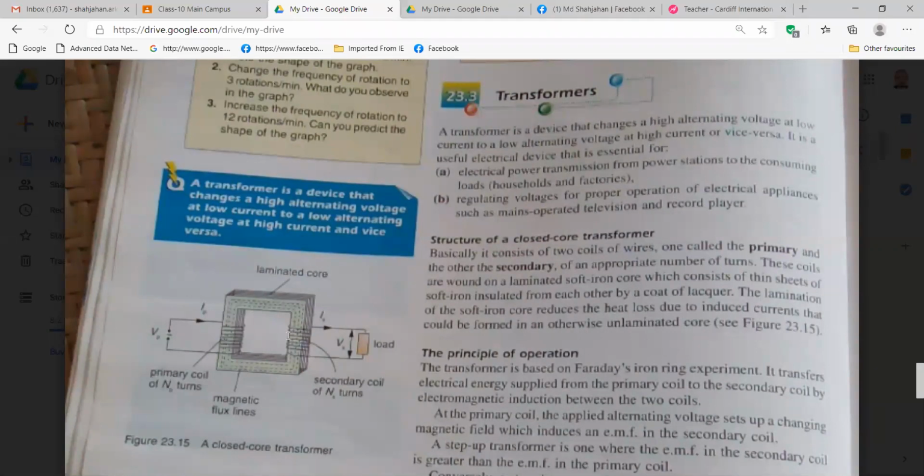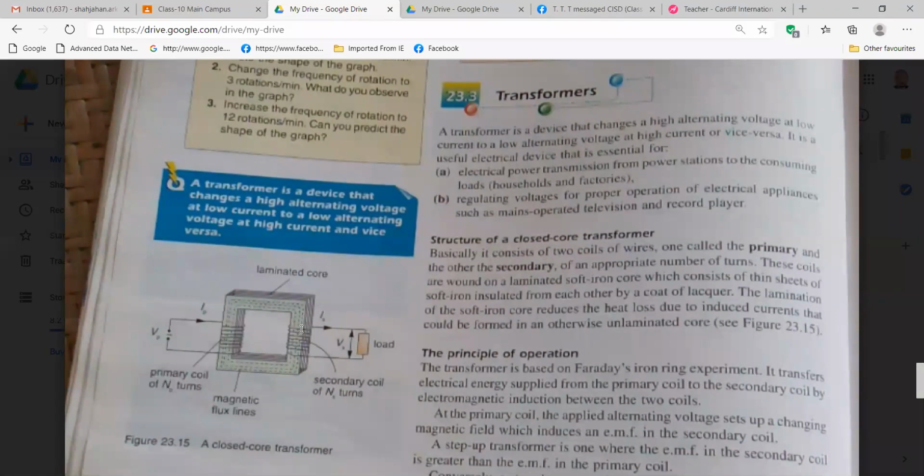At secondary there was no current and no voltage, but for the primary we are having the current. The induced magnetism produced by the primary coil is now producing induced EMF or induced current.